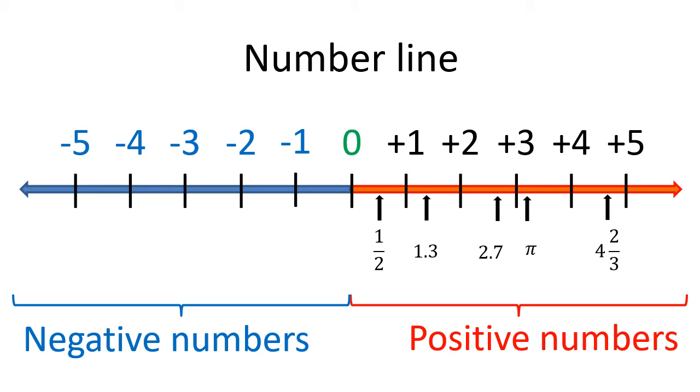Examples of negative numbers are negative 1/3, which is here, negative 5 1/5, which is here, negative 1.1, which is here, negative 2.4, which is here, negative pi, which is about negative 3.14, will be placed here.